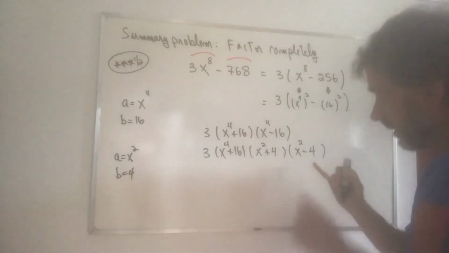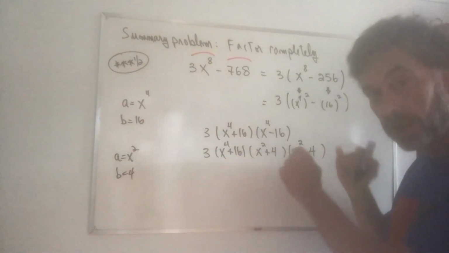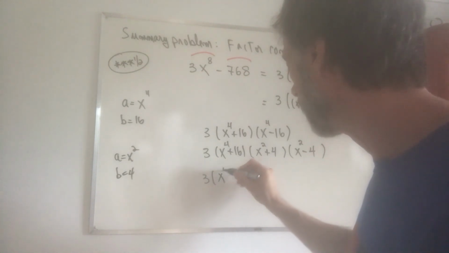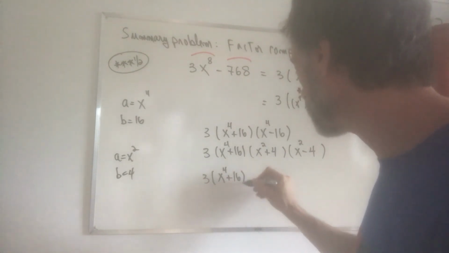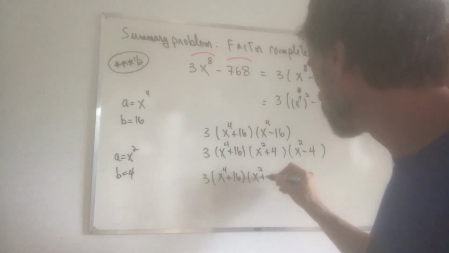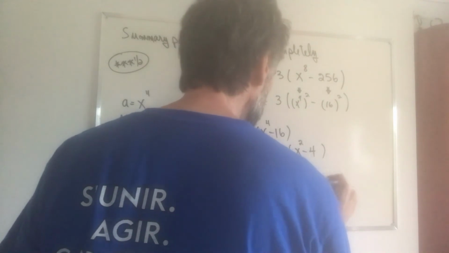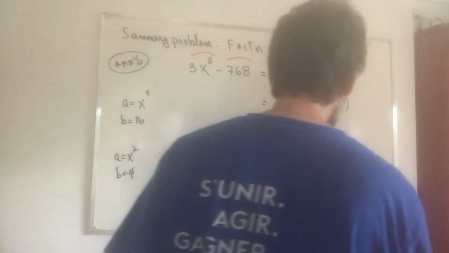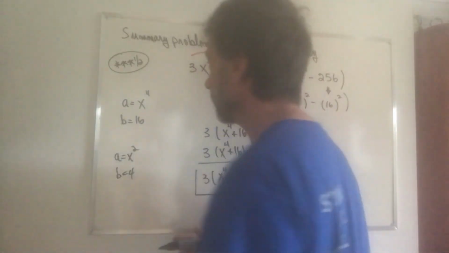Oh my God, this is again a difference of squares. So like a third difference of squares within the same problem. So 3 times x^4 plus 16 times x^2 plus 4. And finally, the last difference of squares, this is x minus 2 times x plus 2. And that makes the final answer to this problem.